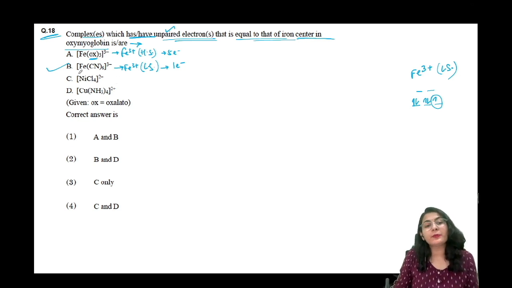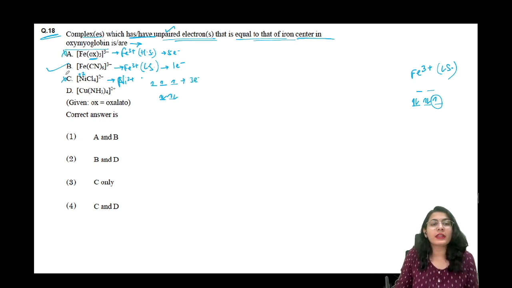Nickel tetrachloride. So nickel is present in +2 oxidation state. That means it's a D8 system. Nickel 2 plus D8 system. It's going to be high spin, but D8 is not going to show that kind of a high spin, low spin possibility. It is always going to be like this. So there are going to be 3 unpaired electrons.